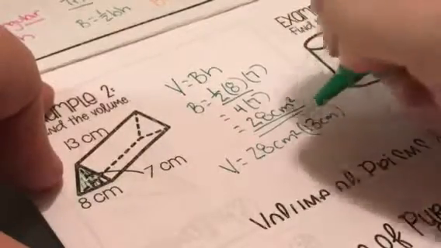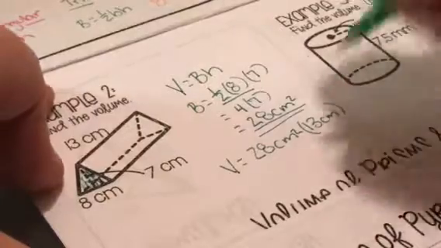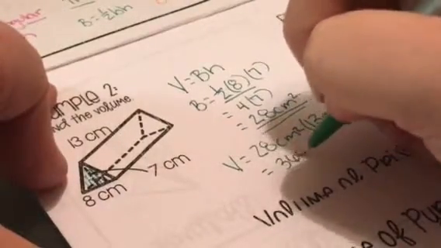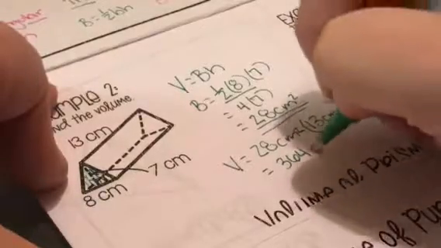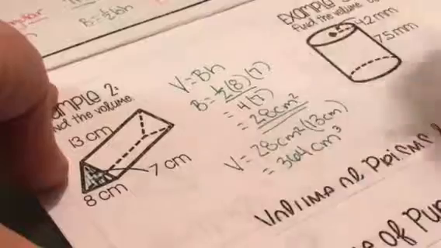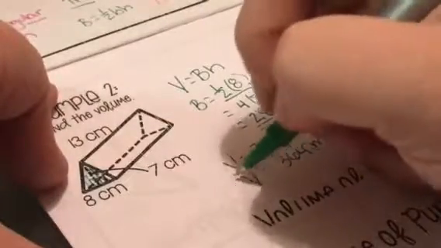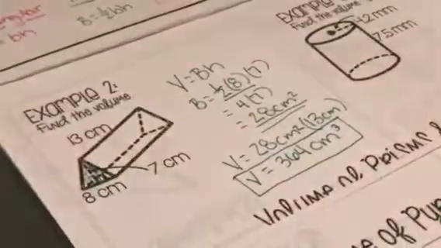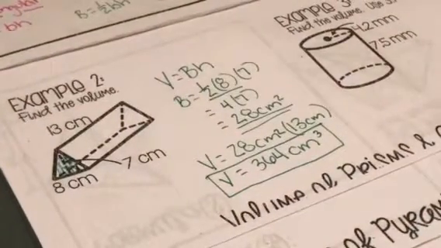You put that in the calculator, and when you do, you should get 364 centimeters cubed. Okay, hopefully that's making sense.